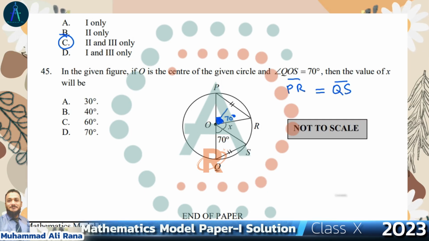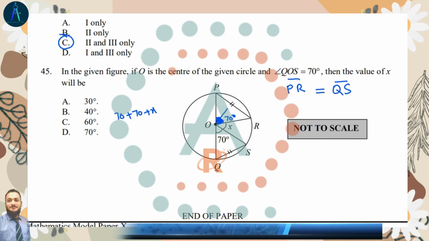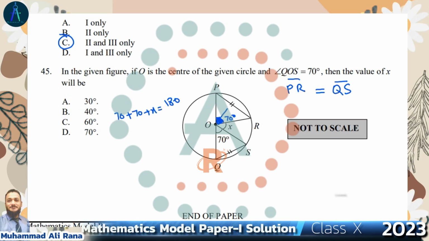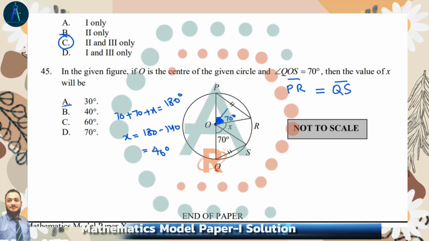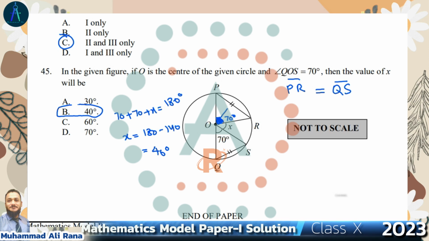And PQ is a straight line. That means 70 plus 70 plus X will be equal to 180 degrees. So X will be equal to 180 minus 140, that is 40 degrees. So the value of X in this question 45 is option B.